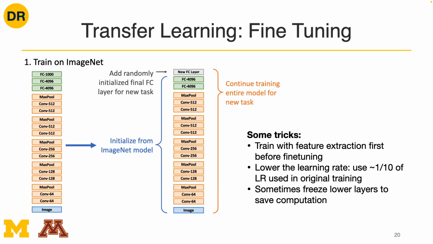So maybe it is okay to save those layers or freeze those layers so that you can save on computation. And especially like we talked about earlier, backpropagation is computationally expensive. So the more time you save on that, the better for you in terms of training.